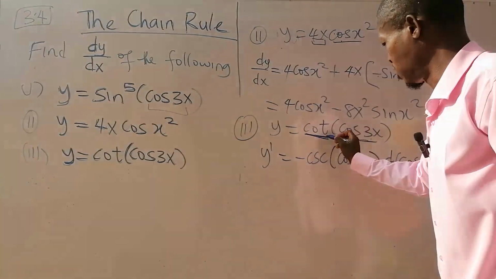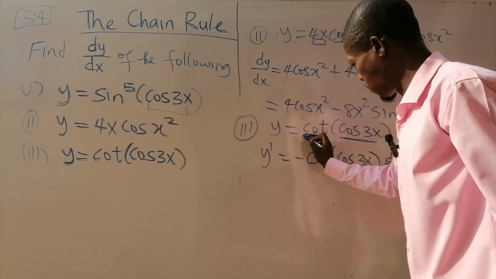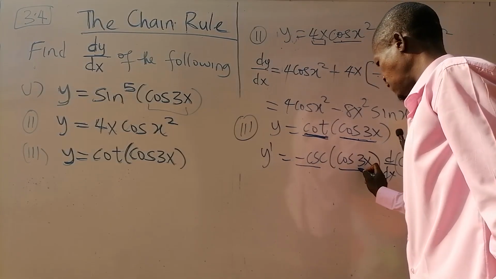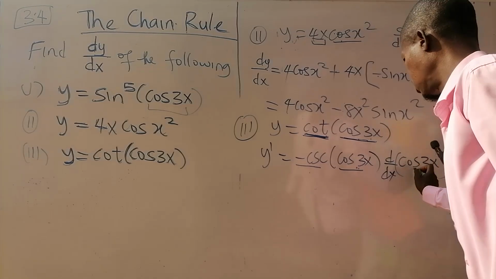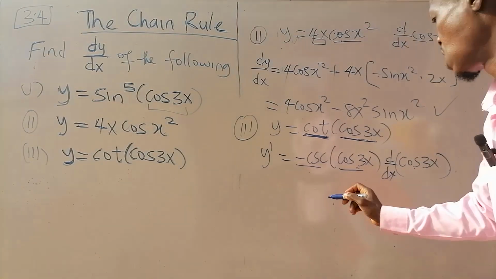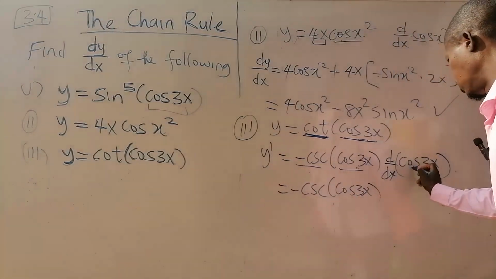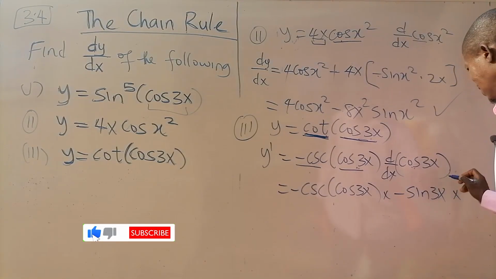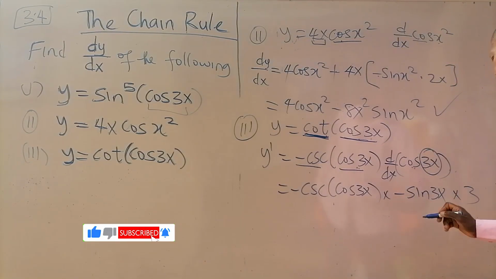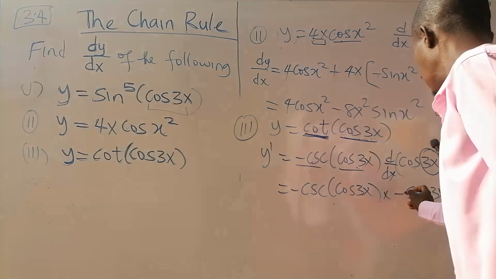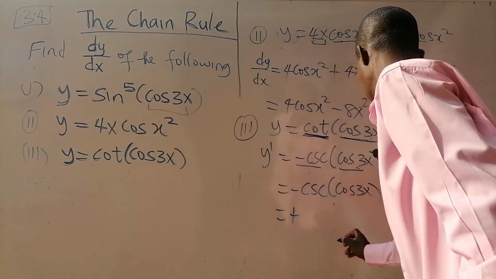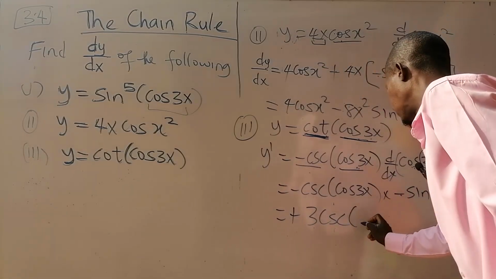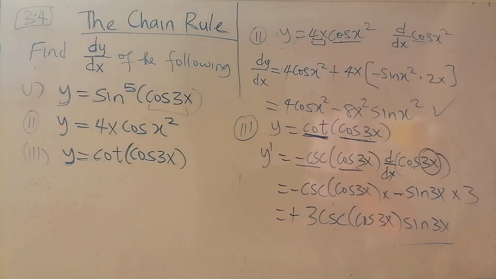If you differentiate this one, it's going to give you minus sine of this, and then times the derivative of this one, times 3. So it's going to give us minus minus, that's a plus, and then we have 3 cosec of the function. So that's that on that question.